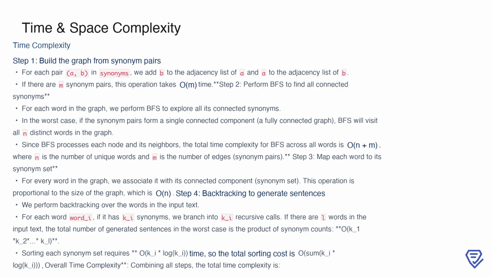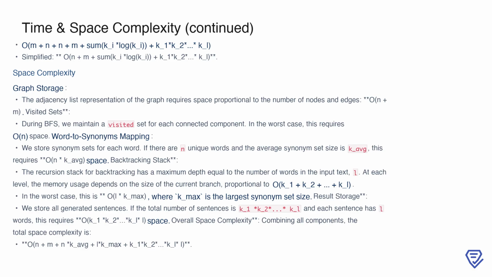By combining these steps, the overall time complexity is a combination of these terms. The total time complexity calculation simplifies to O(m + n + n + m + sum of K log K + K1 * K2 * ... * KL), which can be further reduced to O(n + m + sum of K log K + K1 * K2 * ... * KL).